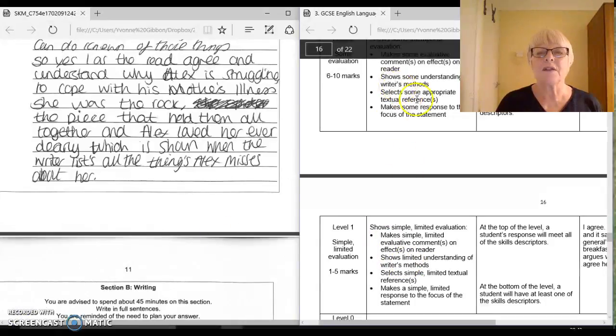You have selected some appropriate textual references to the points that you've made, and you made some response to the focus of the statement. However, I think to be reaching the higher marks, you need to definitely comment more on the methods that the writers use to show that Alex isn't coping with his mother's illness.